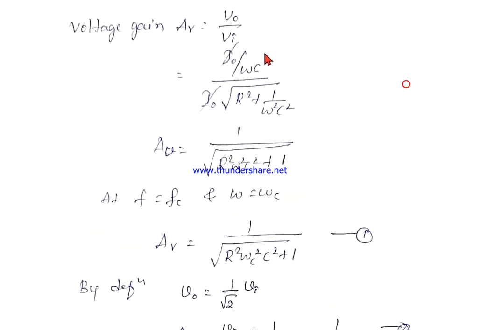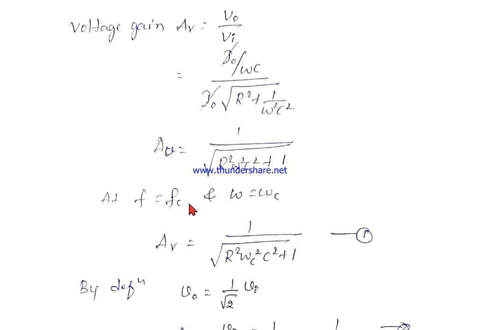So I naught will get cancelled, and the voltage gain Av will be equal to 1 over root of R square omega square C square plus 1. This is obtained by taking the LCM of this factor, taking omega square C square outside, and cancelling it with omega C.